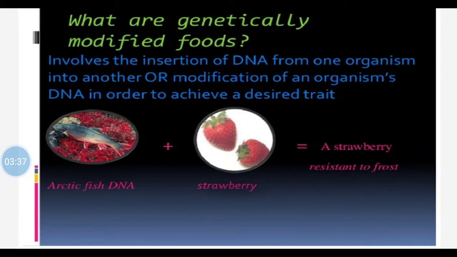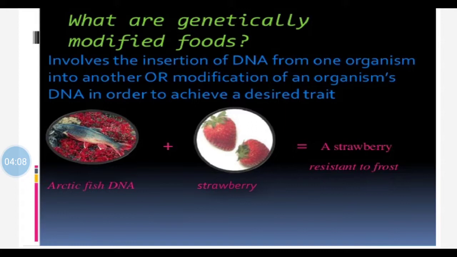We will try to understand the meaning of GM foods by referring to the first few slides. So genetically modified foods involve insertion of DNA from one organism into another, or there is modification of the organism's DNA in order to achieve a desired modification, or we can say trait also.